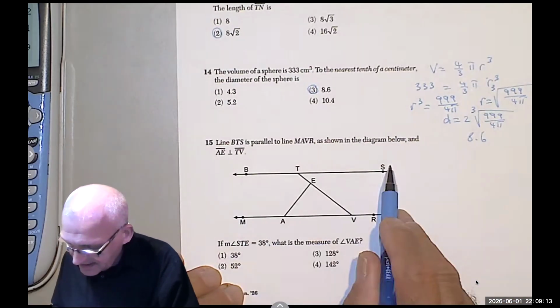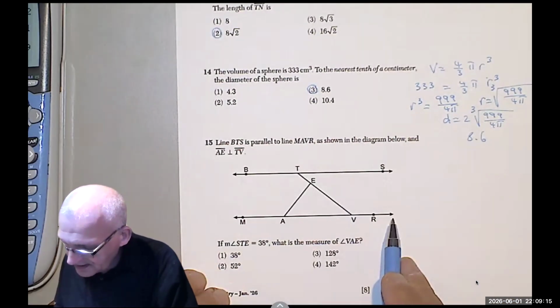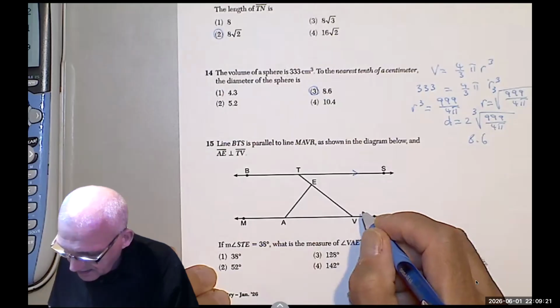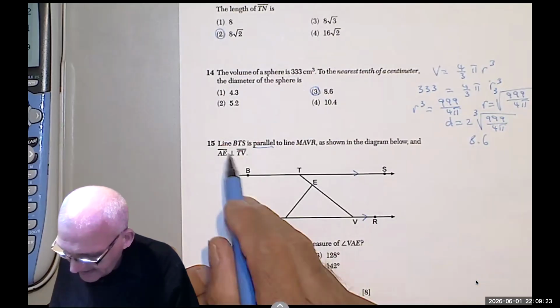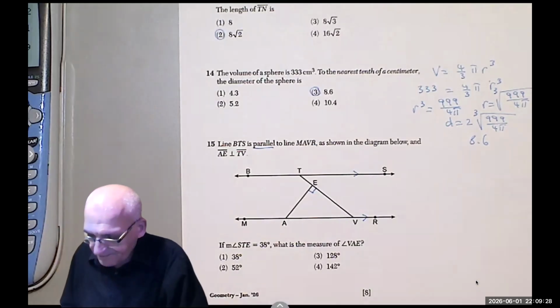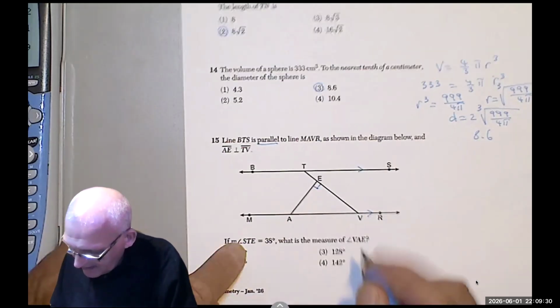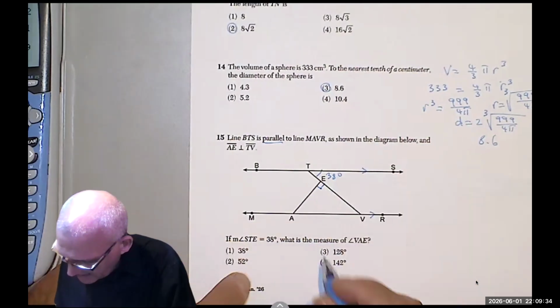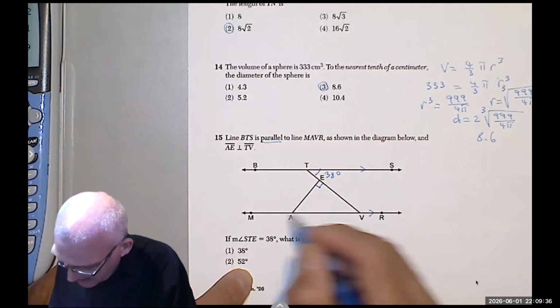Lines BD and MAVR are parallel. Okay, parallel. And then AE is perpendicular to TV. If angle STE is 38 degrees, what is the measure of VAE?